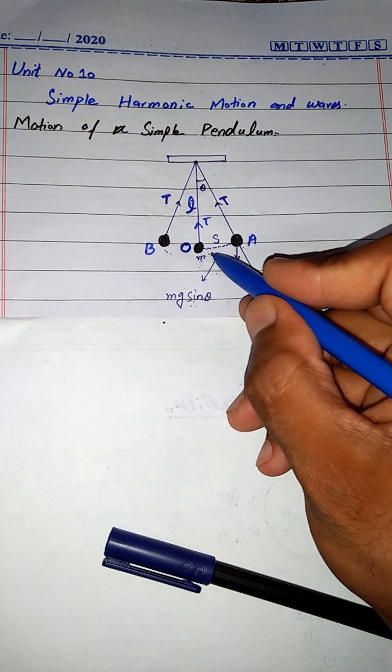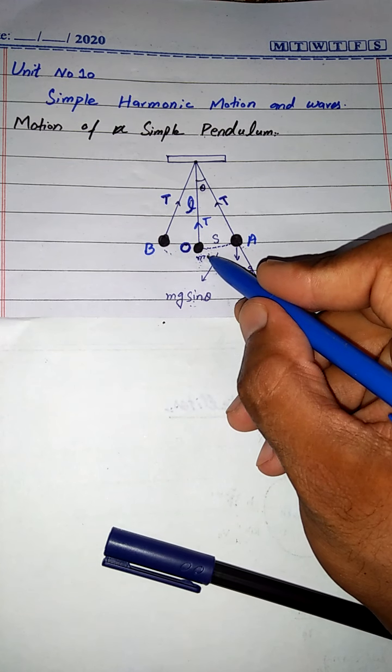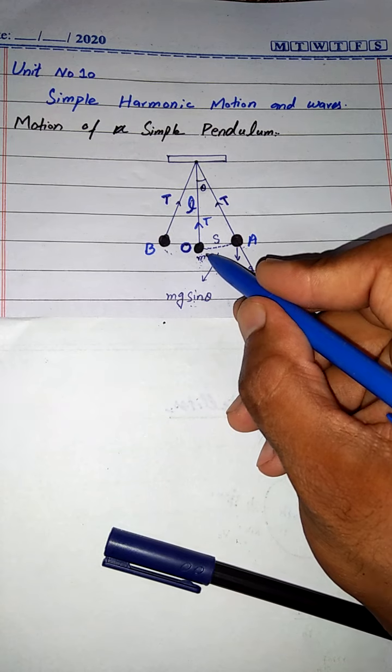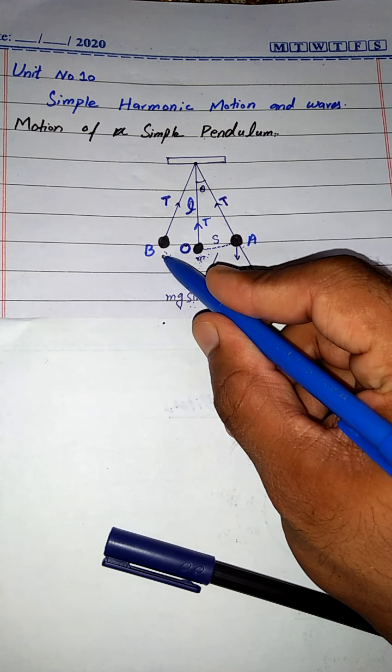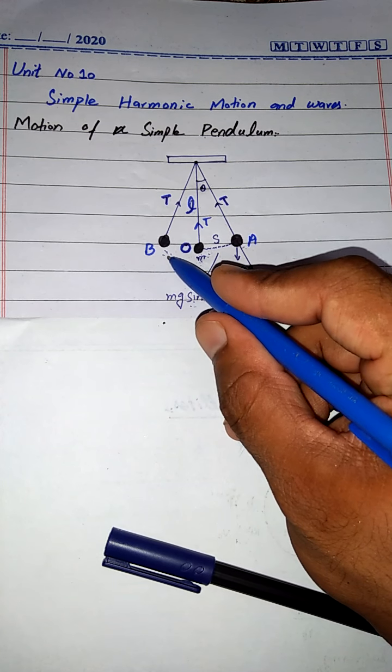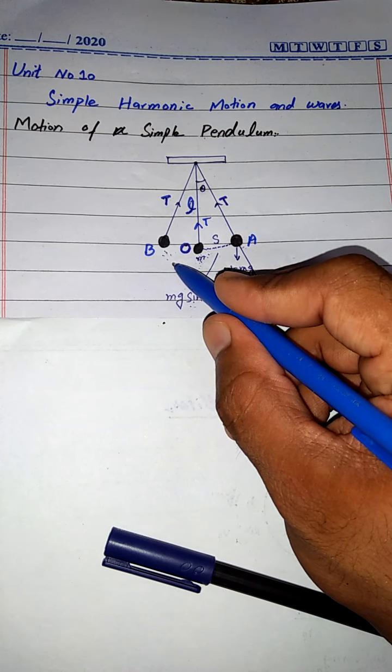At O, the bob has maximum velocity, and due to inertia it does not stop at O, rather it continues to move toward the extreme position B. During its motion towards point B, the velocity of the bob decreases due to the restoring force.